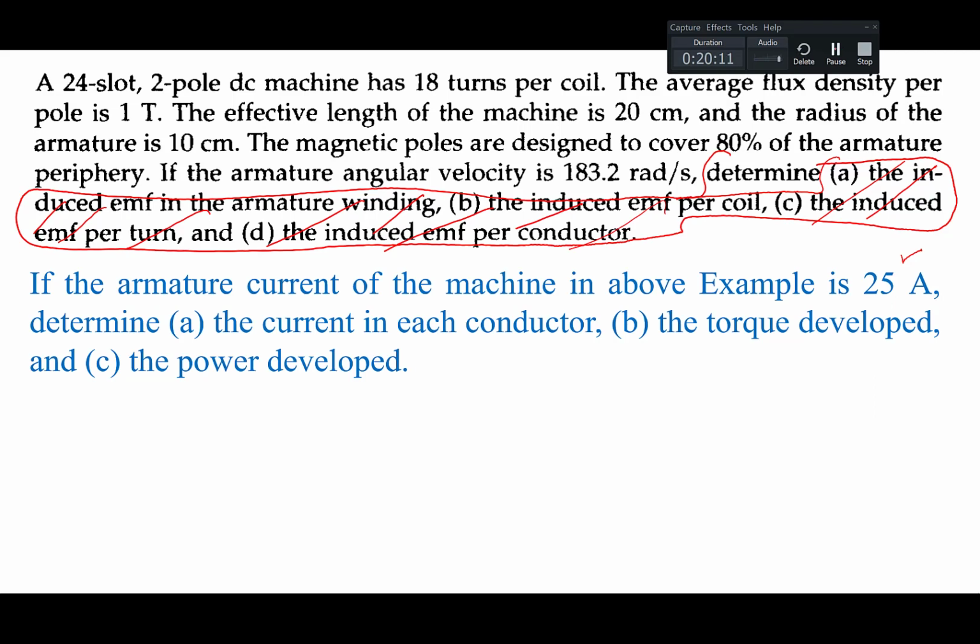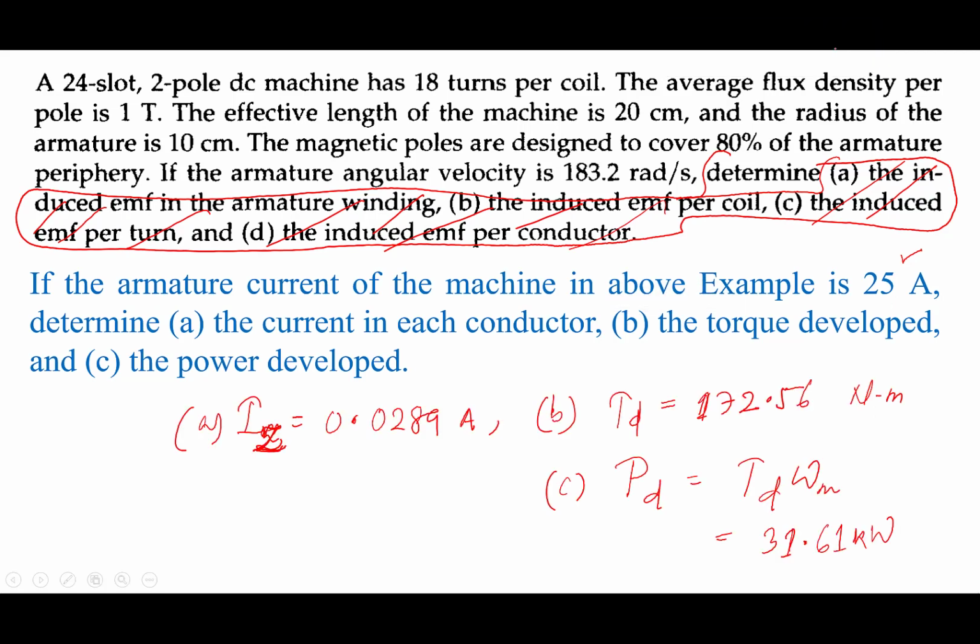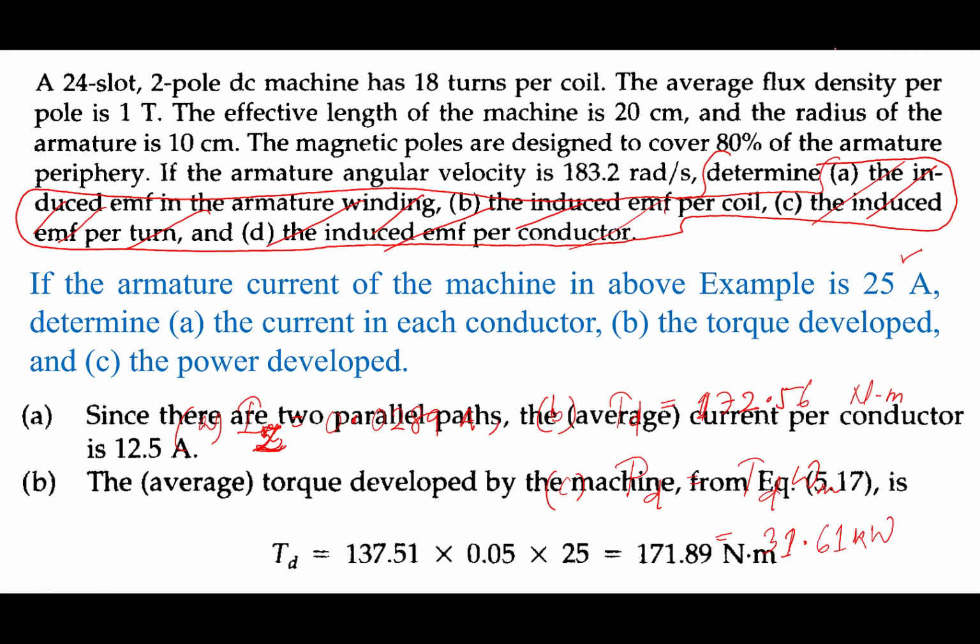Okay, let us see the answers. Current per conductor is 12.5 amperes. Huh? Okay.